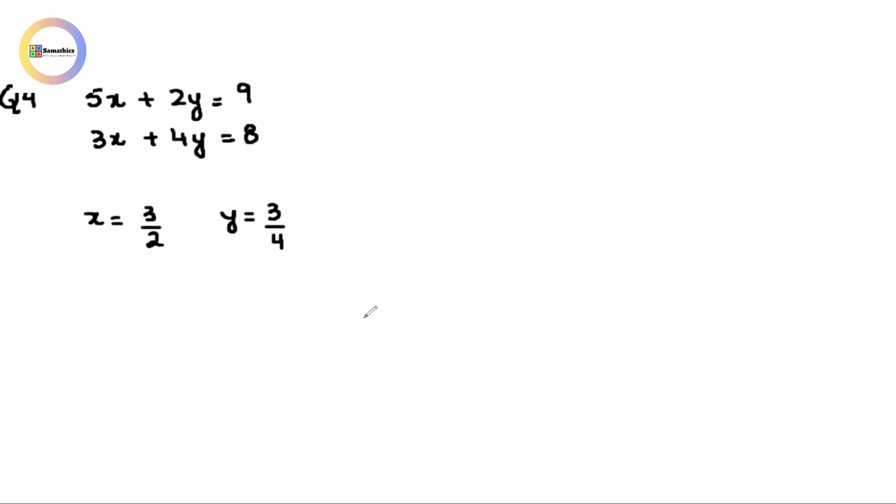But when the answers are already given and you have to do the checking, then you don't have to solve the equations again, right? So here answers are already given, we just have to check whether these answers are correct or not. So what we'll do, one time we will substitute the values of x and y in the first equation.